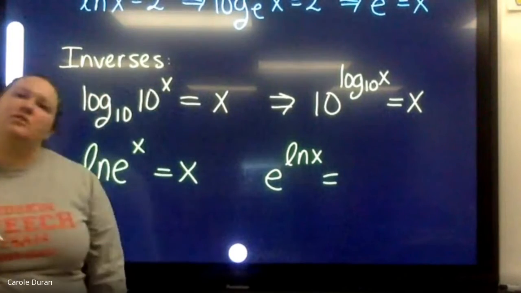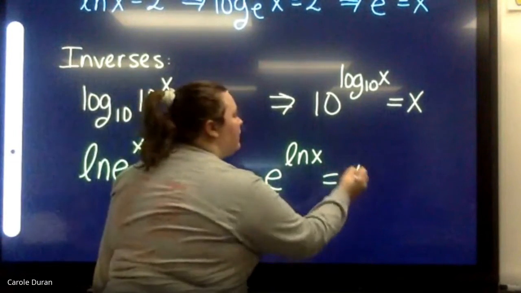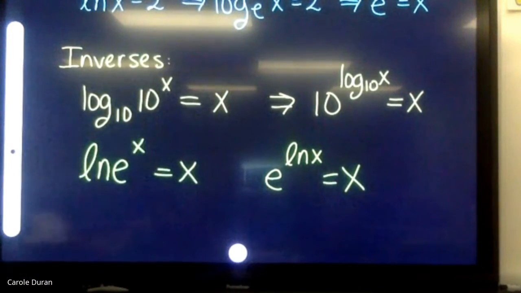The e and the natural log cancel each other out, leaving just whatever I was taking the natural log of. So these are the 4 inverses that we are going to use to simplify and solve application problems.